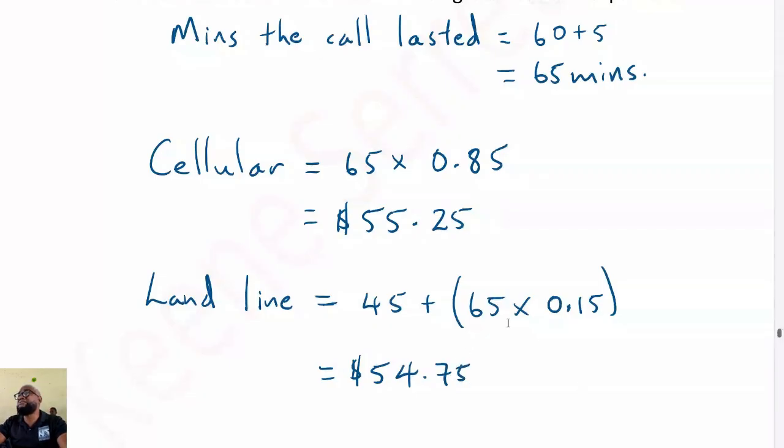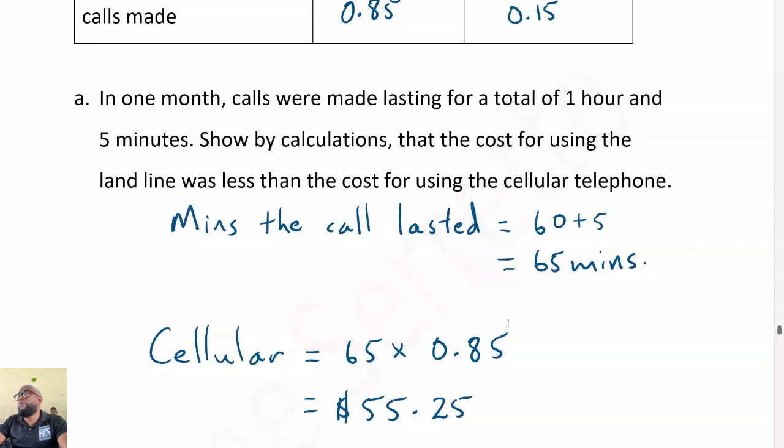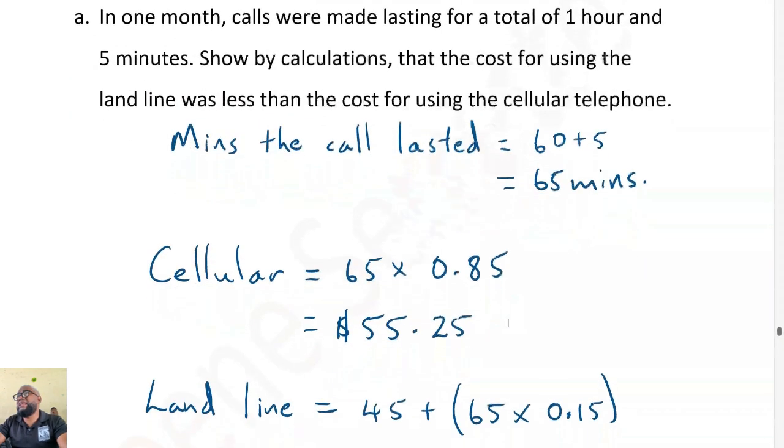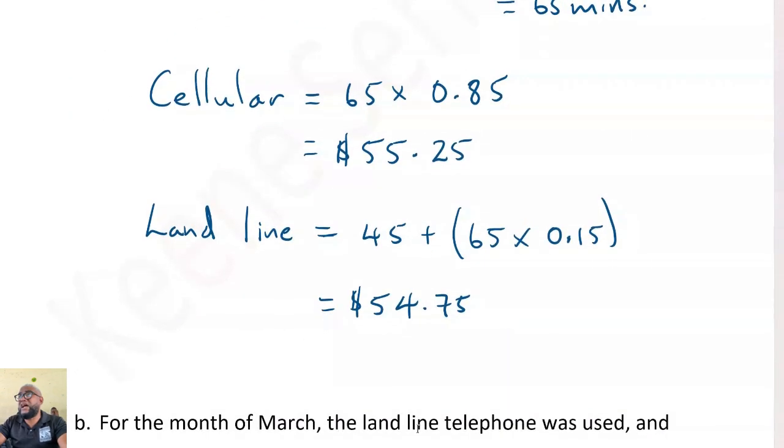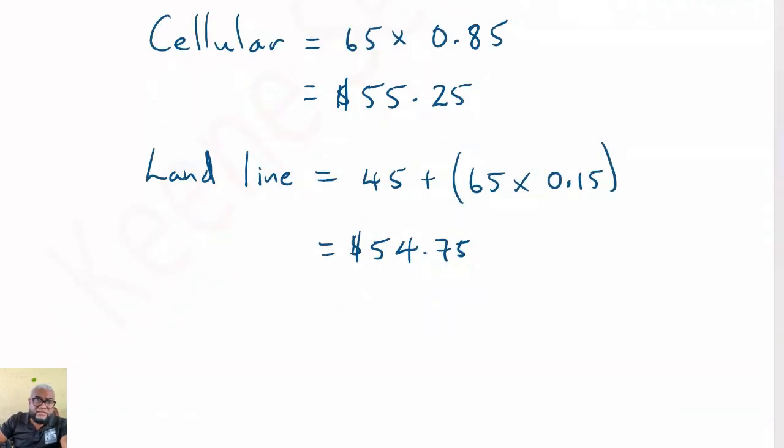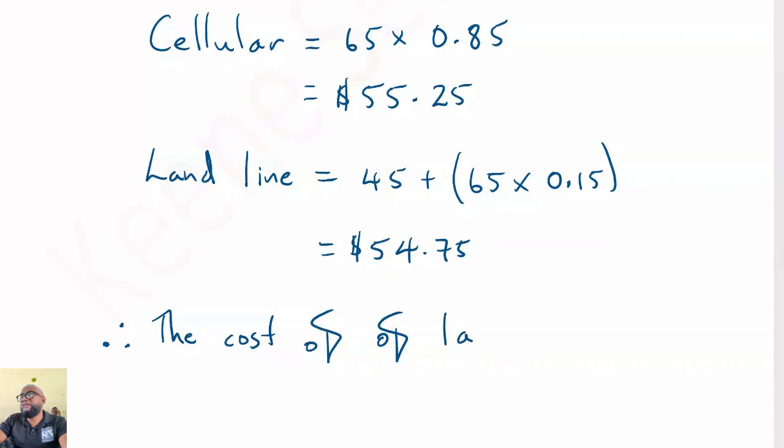So what did the question ask? The question asked me to show by calculation that the cost of using a landline is less than the cost of using a cellular. Look at the total cost of the landline, look at the total cost of the cellular. Is the cost of using the landline less? Yes.